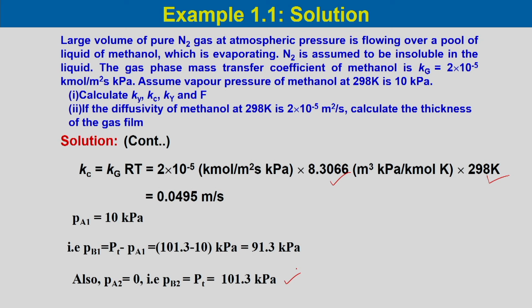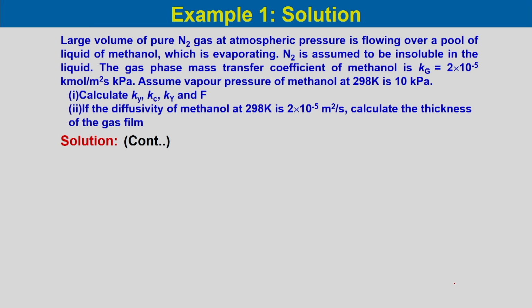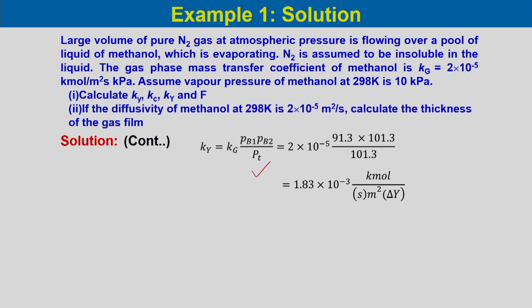So, PA1, PA2, PB1 and PB2 are known to us. So, we can calculate capital Ky as Kg PB1 into PB2 by PT. If we substitute, this would be equal to 1.83 into 10 to the power minus 3 kilomole per meter square second into the driving force delta y.